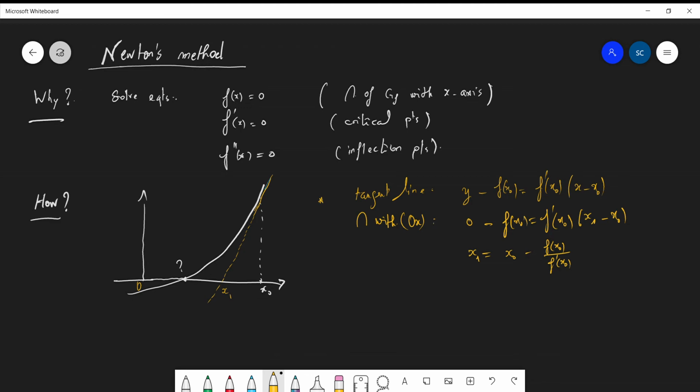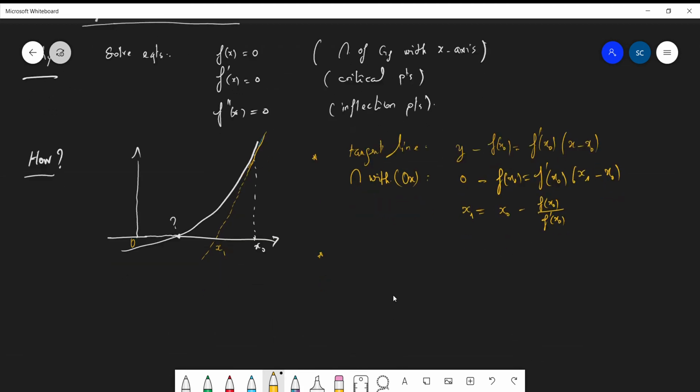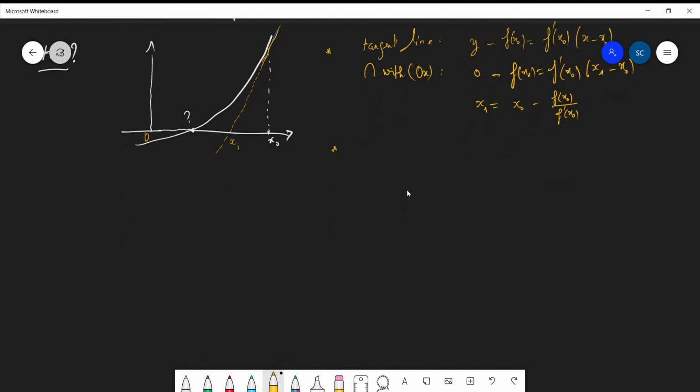Now we have x1, and the idea is to repeat the process. Consider at x1 the tangent to the curve and look at the intersection, and call it x2. Let's do it one more time. The tangent line has the equation y minus f(x1) equals f'(x1) times (x minus x1).